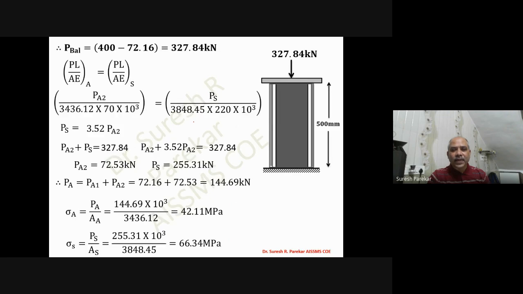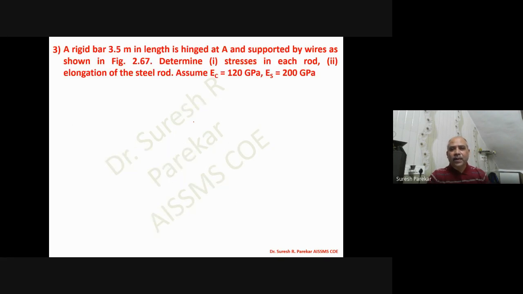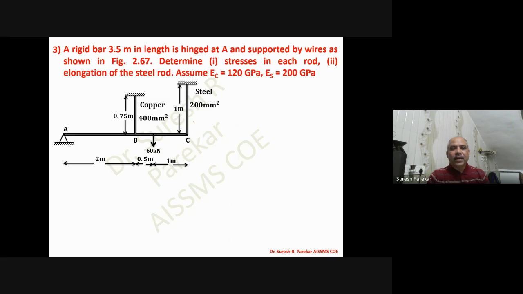So likewise, we have to find the values. If you have to find deformation, you can take any of the two, and then you can find deformation of this. And then we have the third problem, which is a rigid bar, and these dimensions are given, and we are interested to find stresses in each rod and elongation of the steel rod, that is 1 meter length.